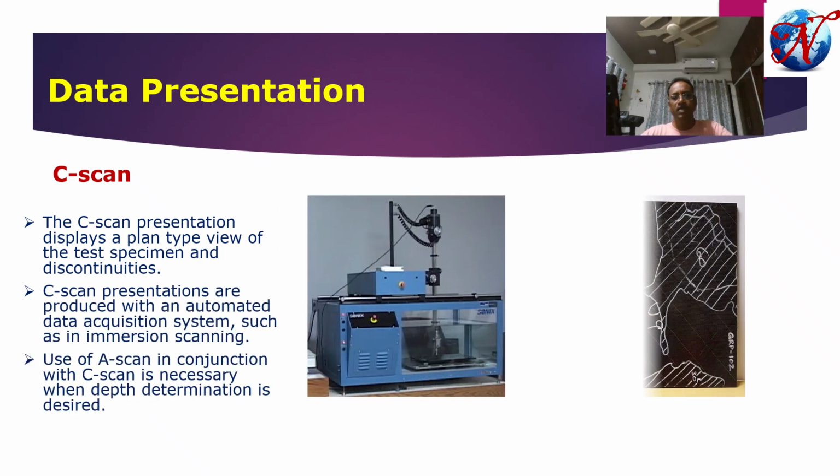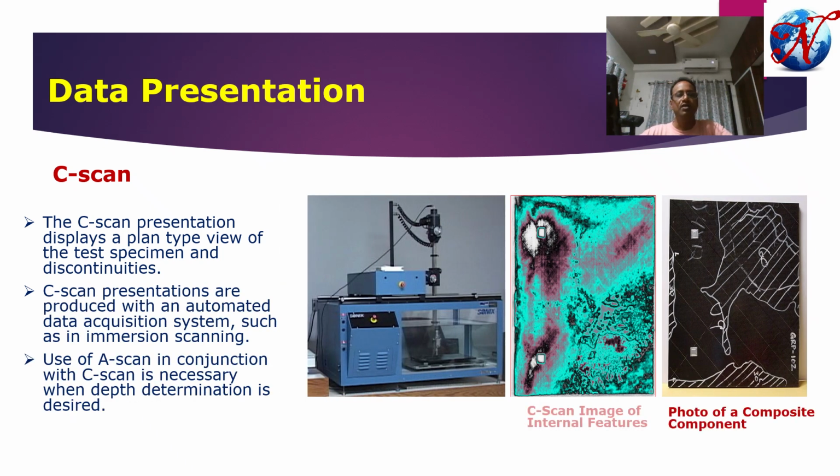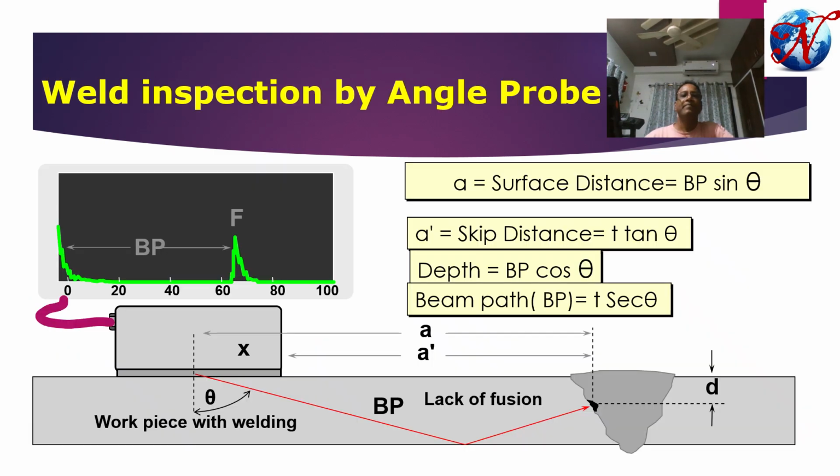C-scan presentation is used in advanced ultrasonic machines where a planar view of your test specimen can be obtained. C-scan representations are produced with automated data acquisition systems such as immersion scanning or phased array systems. Use of A-scan in conjunction with the C-scan is necessary when depth determination is desired.